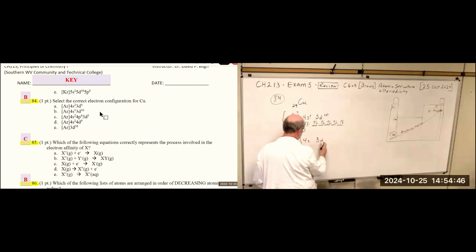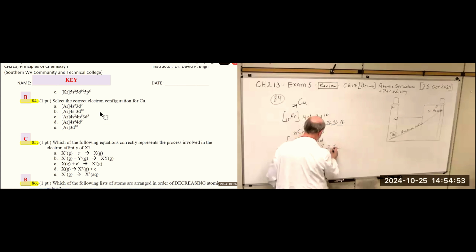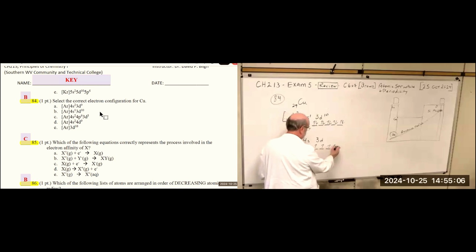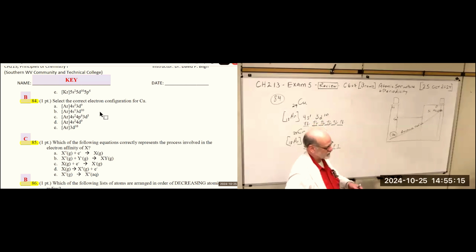So it'd be 2 plus 4. If we did that, then we would be one short of a half-filled d. It's more stable to take one of these and put it right here. So this would be 3d5 and 4s1. That's chromium. There are others, but those are the easiest to explain.